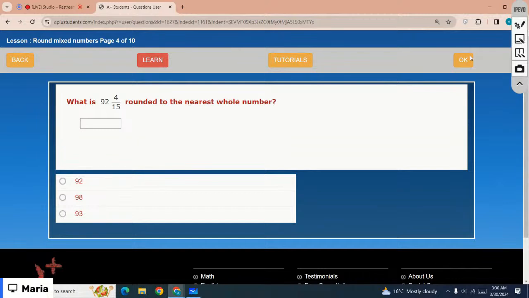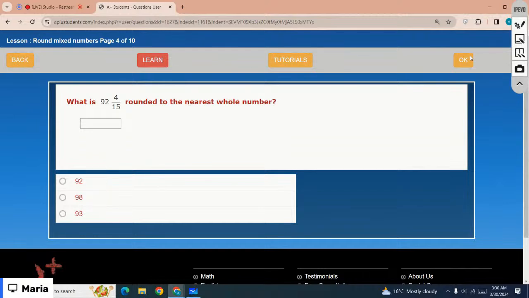What is 92 whole 4 by 15 rounded to the nearest whole number? So which is the correct option? 4 over 15 is less than half.